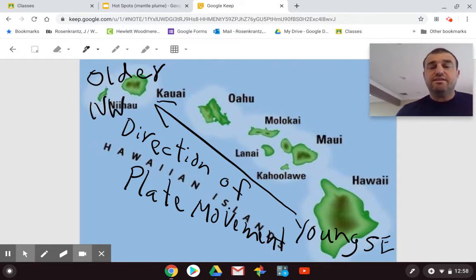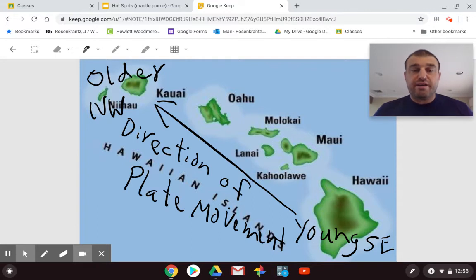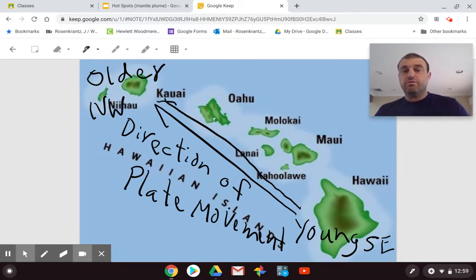So the youngest island is in the southeast, and the oldest islands are towards the northwest. And they are in that direction because that's the way the Pacific plate is carrying them. The Pacific plate is carrying each island towards the northwest. So on a test or any question, if you have a picture of the Hawaiian Islands, just draw an arrow, just like I did here, from the biggest through the smallest. And that will allow you to figure out the direction of the movement.